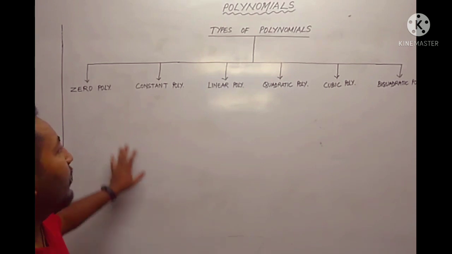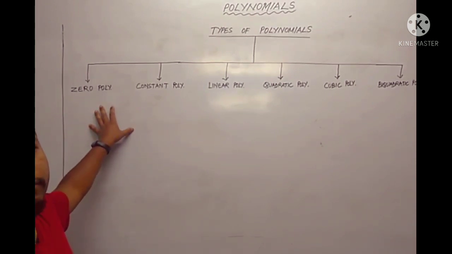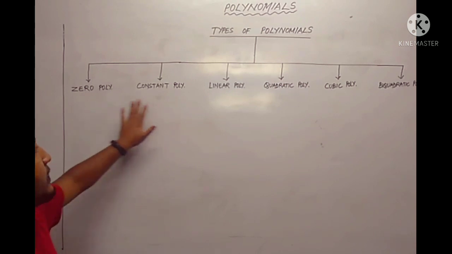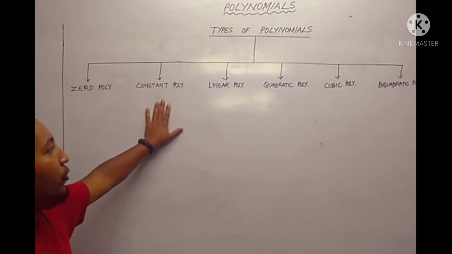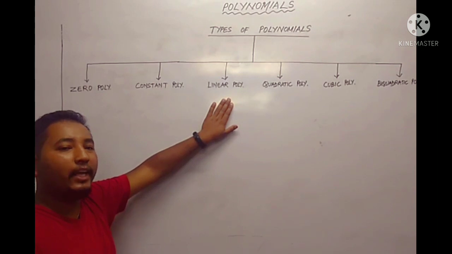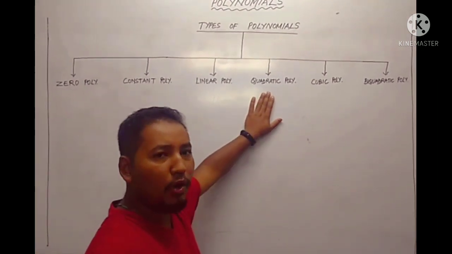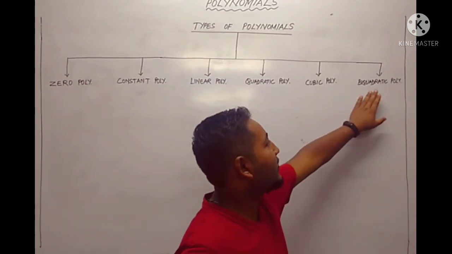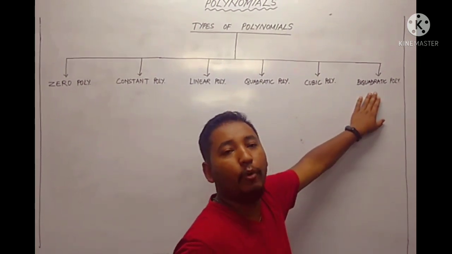There are 6 different types. First is zero polynomial. Second is constant polynomial. Third, linear polynomial. Fourth, quadratic polynomial. Fifth, cubic polynomial. Sixth, biquadratic polynomial.